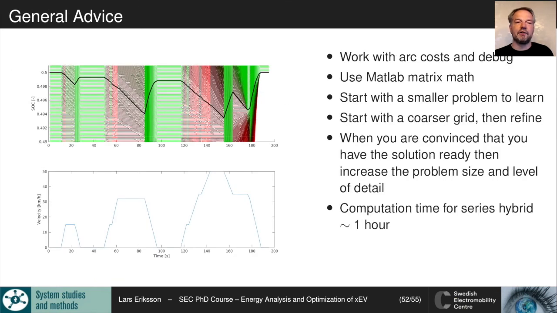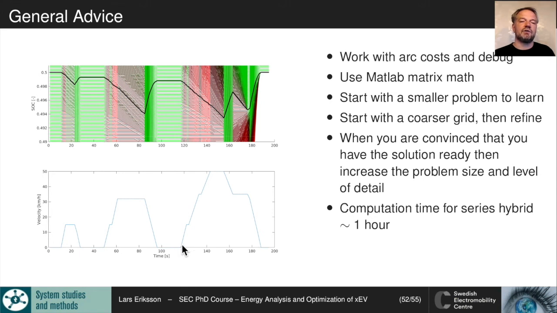So for your problem and for your work, I suggest that you work with pure arc costs and debug your functions, and you use MATLAB matrix mathematics so that you get efficient computations, so you don't do double for loops for the series hybrid. And you start with smaller problems, so when you have looked at the arcs and seen that you have gotten the right arc costs, you, for example, start solving it for this hump so that you see that you get reasonable solutions for that one.